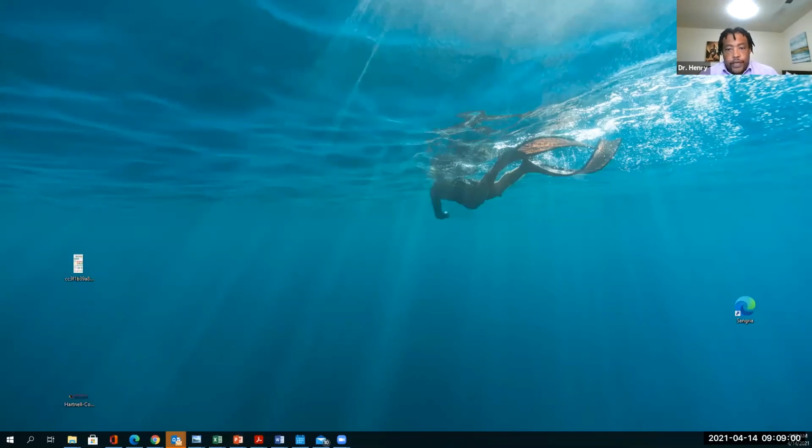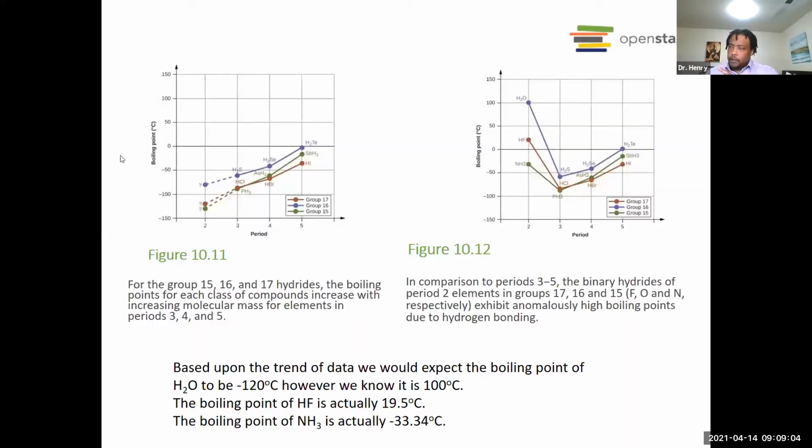If we went by the trends, like you were saying earlier, group two was suggesting that it would be hydrogen, water, dihydrogen sulfide, dihydrogen selenide, dihydrogen telluride. This is what you would expect the trends to be if you weren't taking into consideration hydrogen bonding.